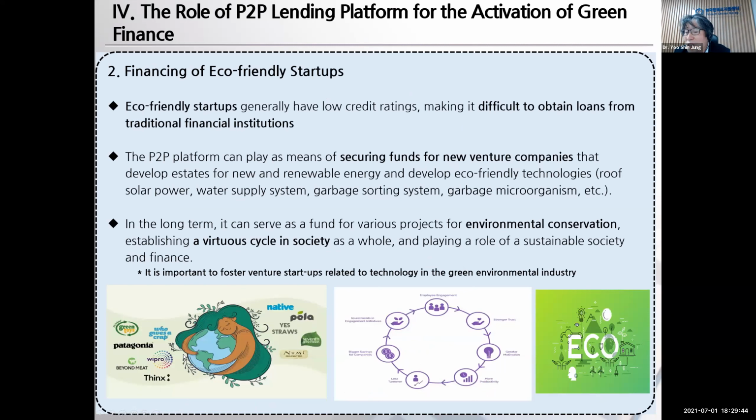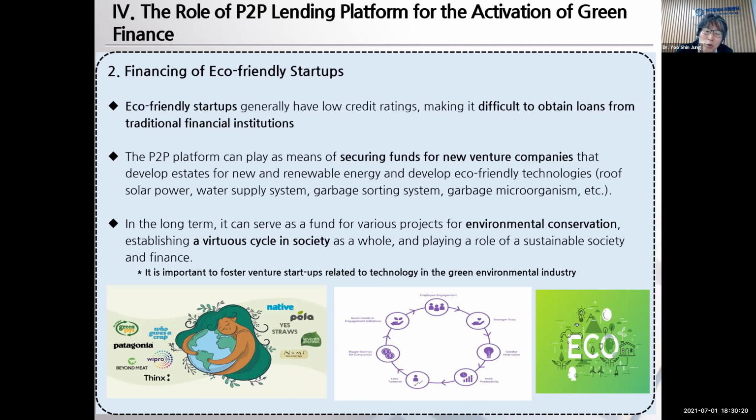Second, financing of eco-friendly startups. Eco-friendly startups, everyone knows, generally have low credit ratings because they are startups. P2P makes funding easier. A P2P platform can secure funds for new venture companies that develop new renewable energy and environmentally friendly technology.